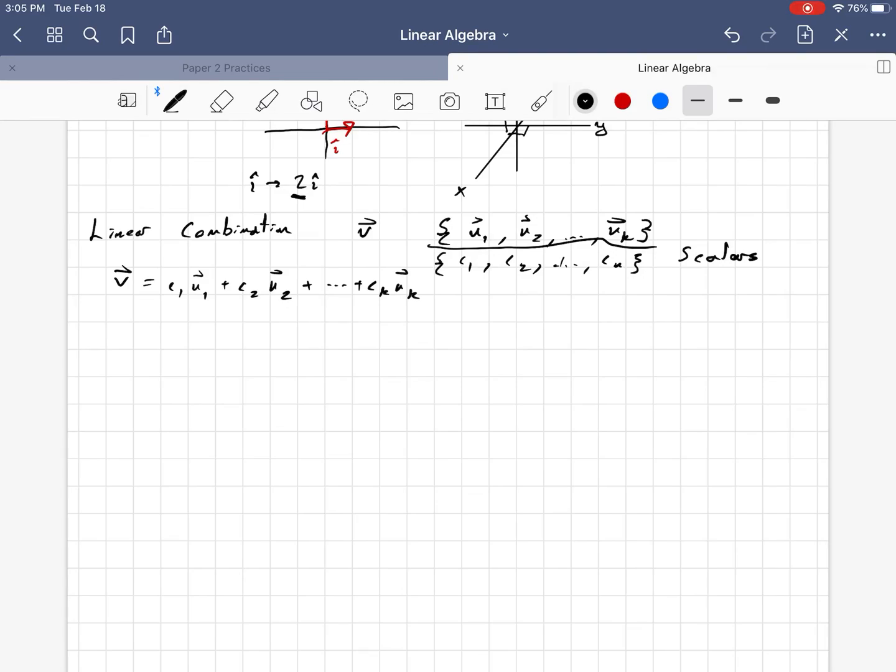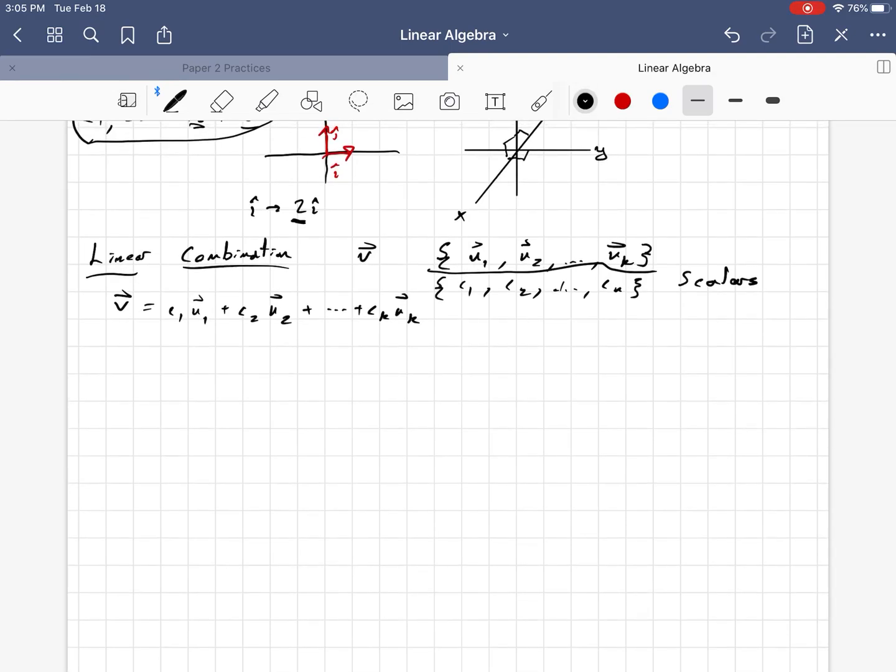And so where does the name linear combination come from? It's kind of intuitive. First of all, the combination part, right? You're summing, you're taking combinations from these two sets here.